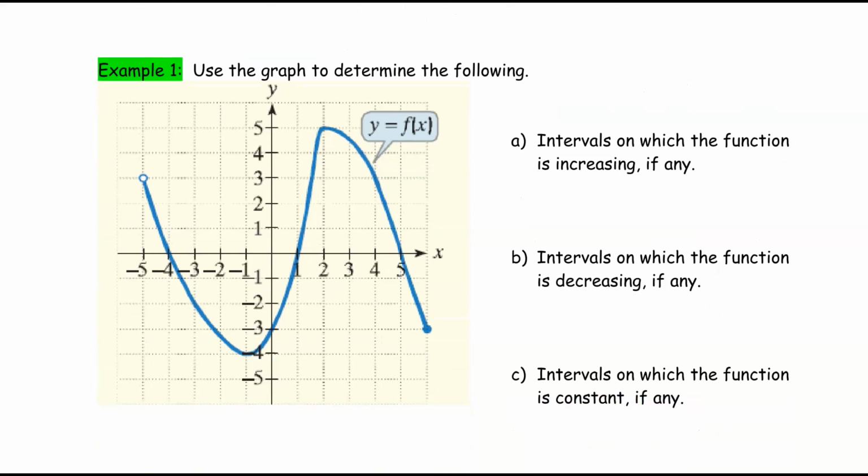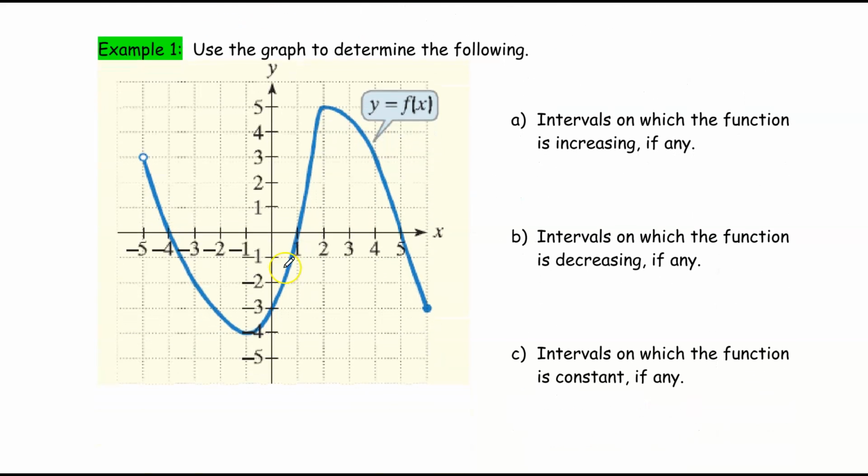Now, if you look at this example here, for this first example, let's identify the intervals for which the function is increasing. So we know increasing, the graph is rising. So in this case here, we have this interval. So the graph is rising on this interval here. Let's make a line that crosses this point here.